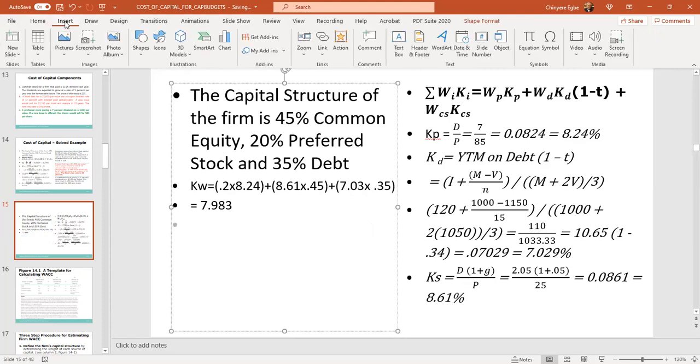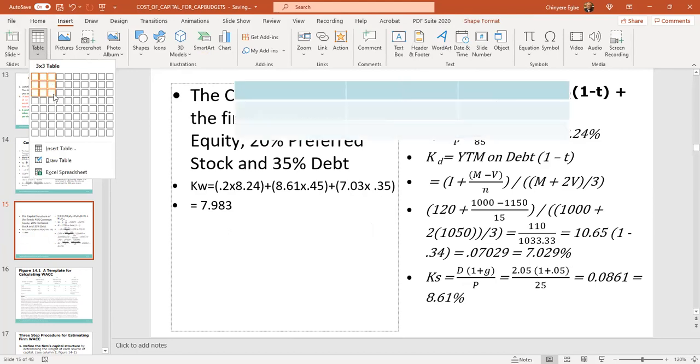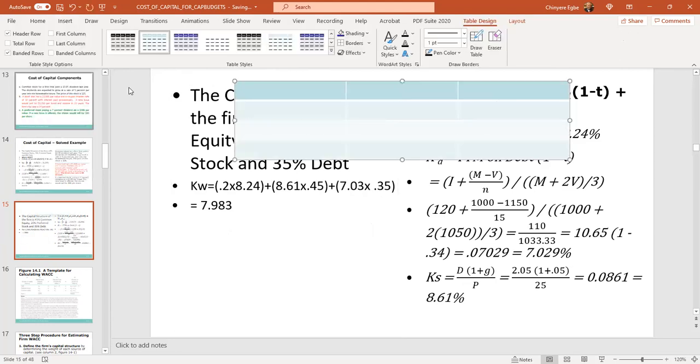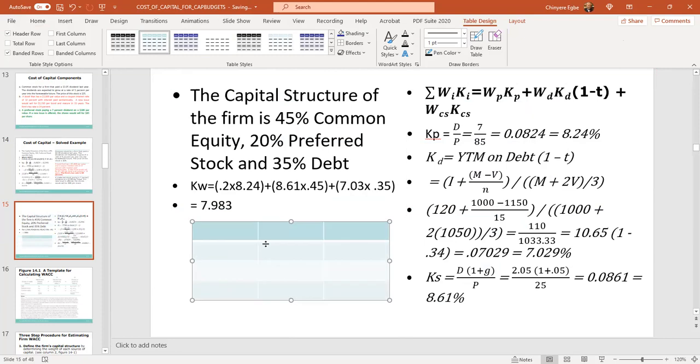Going to insert another table. Okay. We have preferred, common, we have debt.